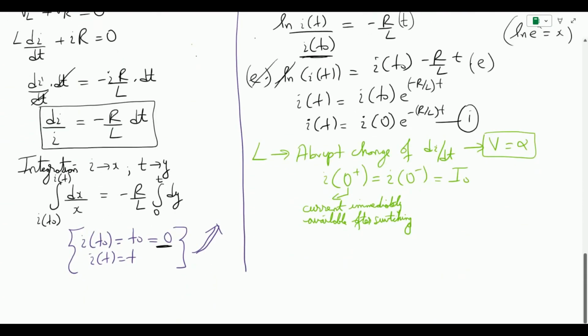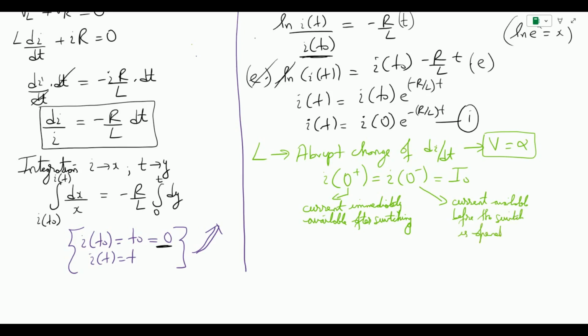In order to avoid this abrupt change in time, we represent this as I0 plus, and it is going to be the same value as I0 negative. I0 negative is the current which was available before the switch is opened.